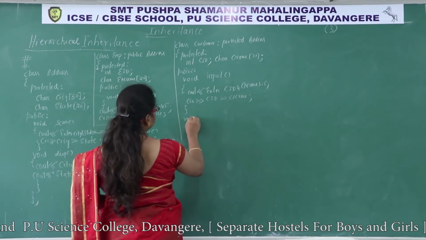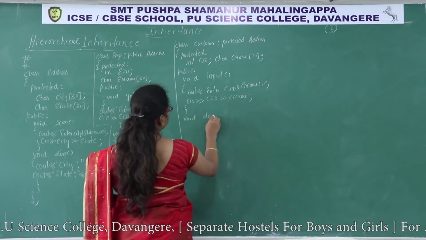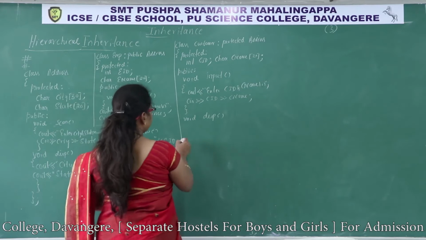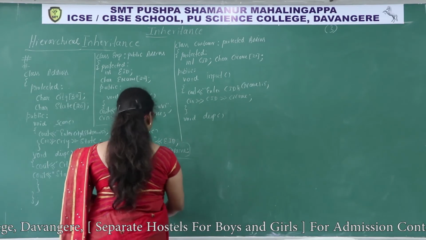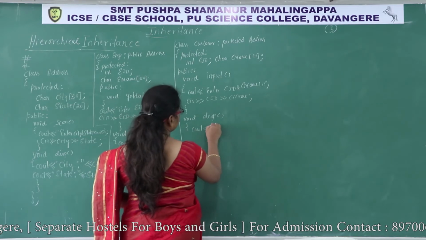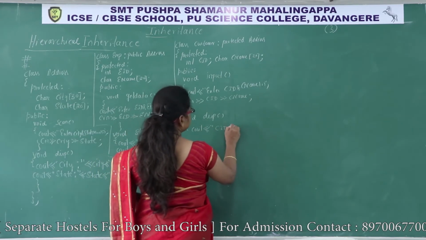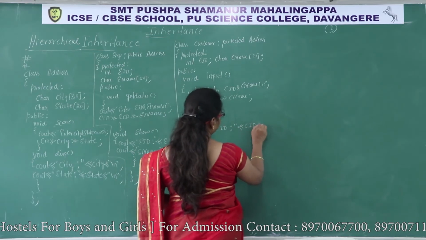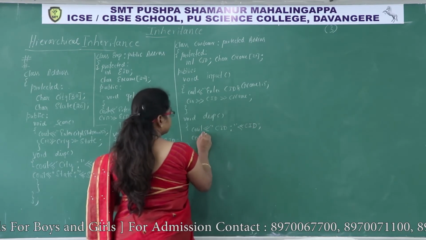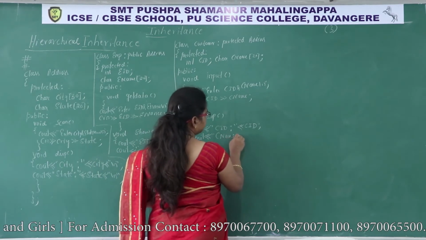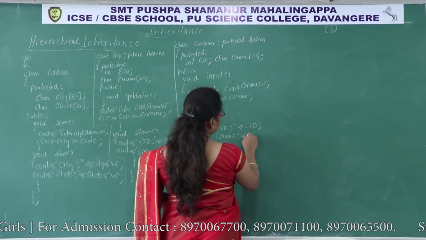Void disp, cout customer ID colon CID, cout customer name colon CNAME.